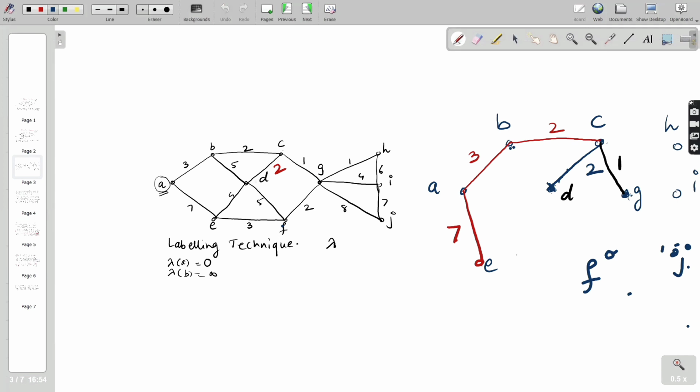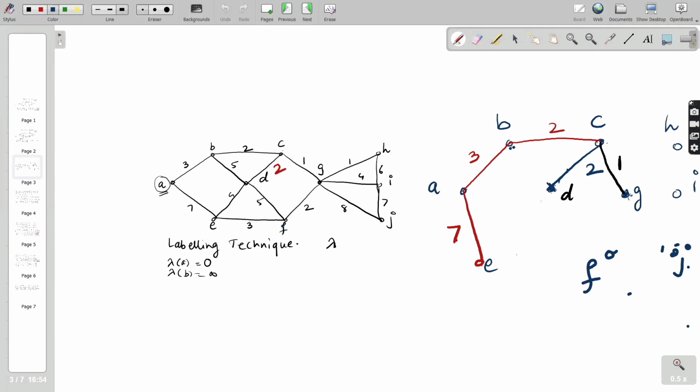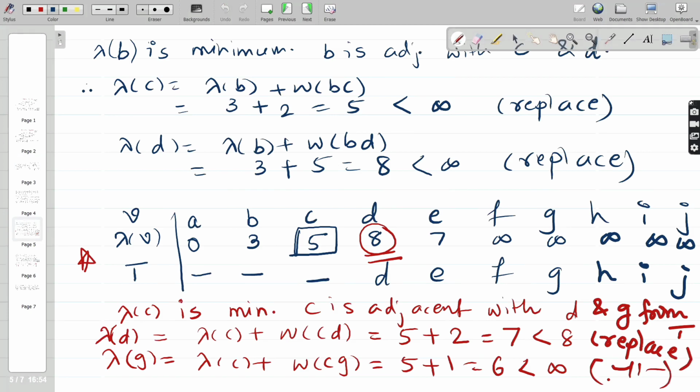Yeah, so it should become 12 or what? We have taken 7. Why have we taken 7 now? Lambda D 6. How are we getting lambda D 6? No, lambda D is not 6. Lambda D is 7 actually. Lambda D is here, it is 8. Now here it has become 7.